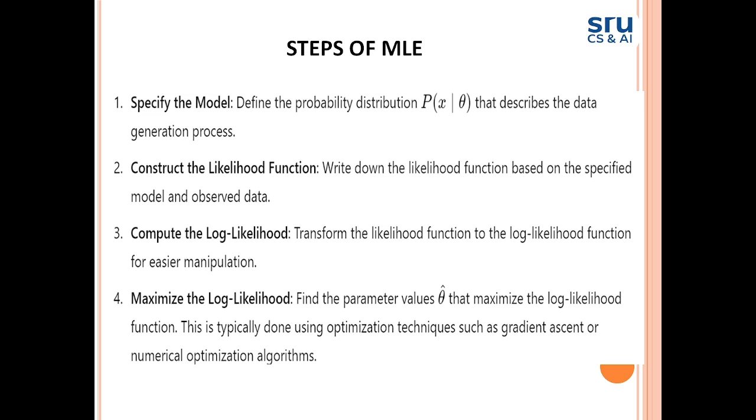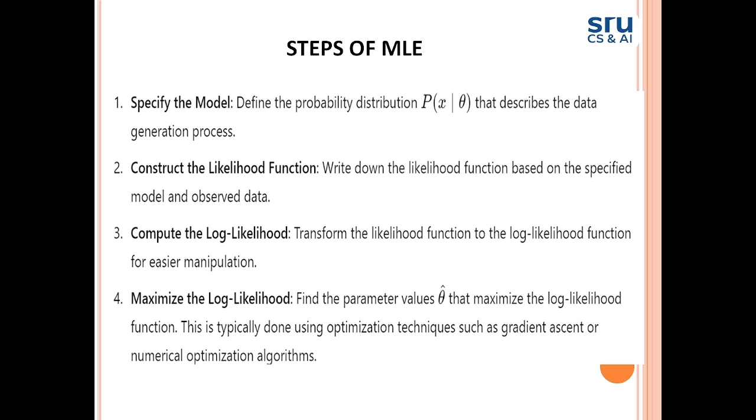Next, calculate the likelihood function. Write down the likelihood function based on a specific model and observed data. Then we have to compute the log likelihood. Transform the likelihood function to the log likelihood function for easier manipulation.